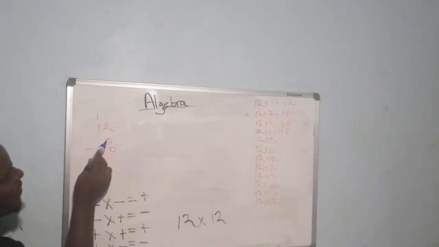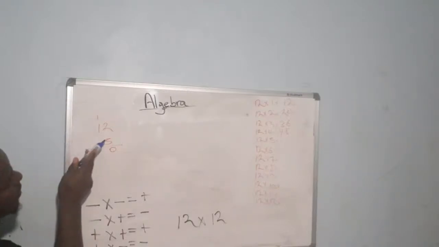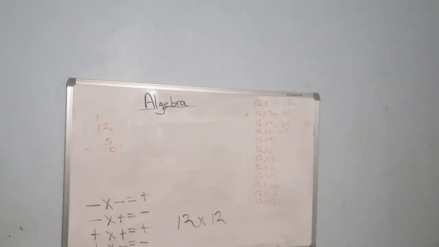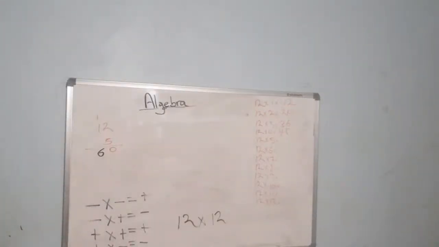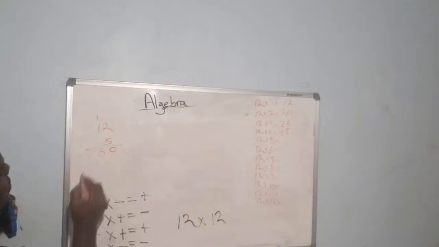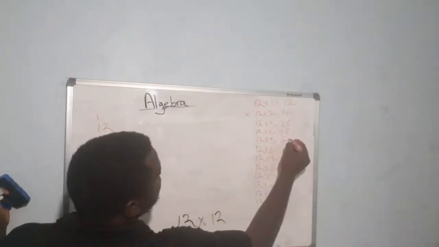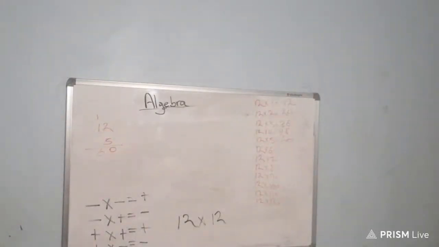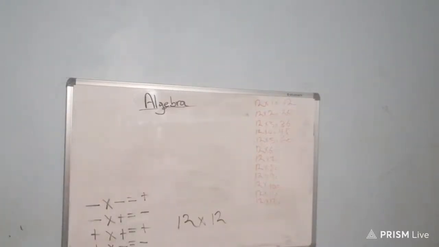So 5 times 1 is 5, plus the 1 we have up here is 6. So 5 times 12 is 60.